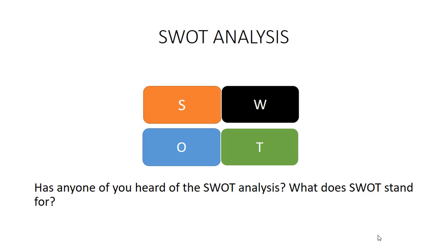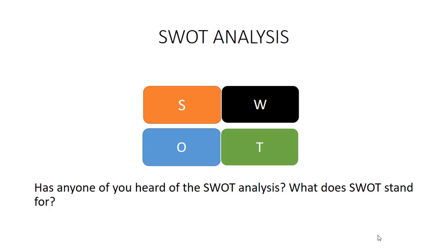But what I'm going to talk to you about today is the SWOT analysis. I think it is popular, and you already know about the SWOT analysis. We all know that S stands for strength, W stands for weakness, O is for opportunities, and T is for threats.